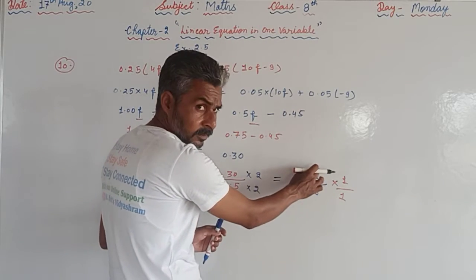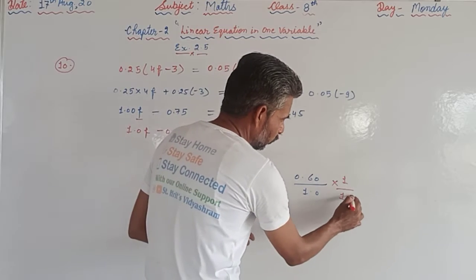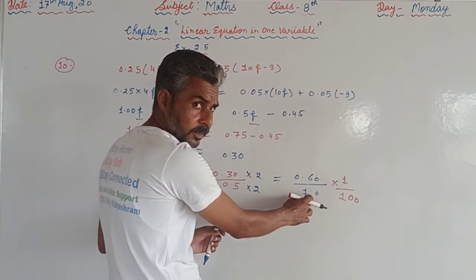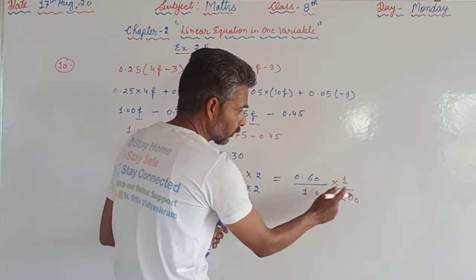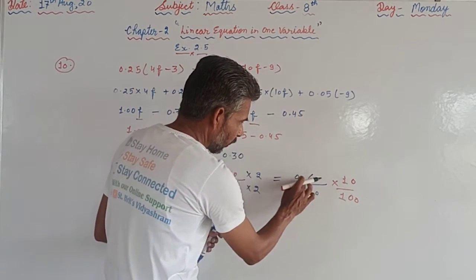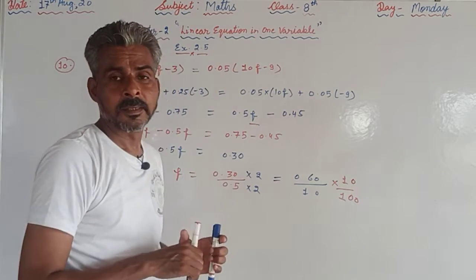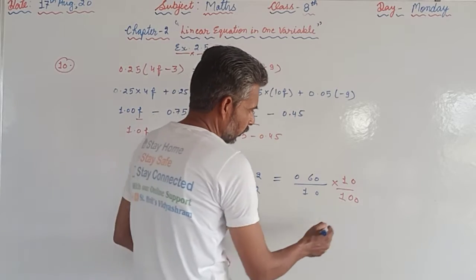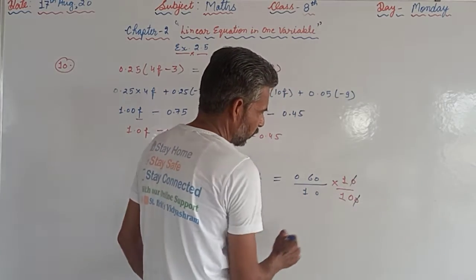If we are supposed to solve the decimals, then we can multiply by 1 on 1. How many digits are there after decimal? 2. So 2 zeros will be here. How many digits are there after decimal here? 1. So 1 zero will come here. Afterwards we can cancel the decimals. Now 1 0 cancel out, 1 0.